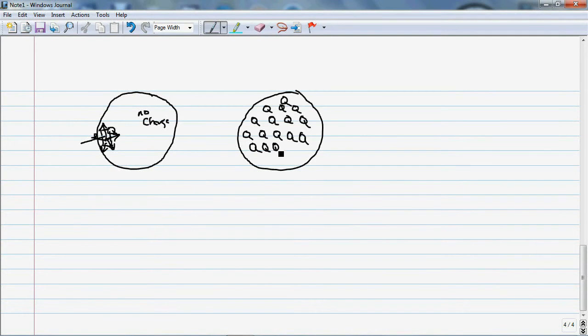So they're going to, in fractions of a second, move along this whole surface until all the forces cancel out and everything is equally distributed along this surface.